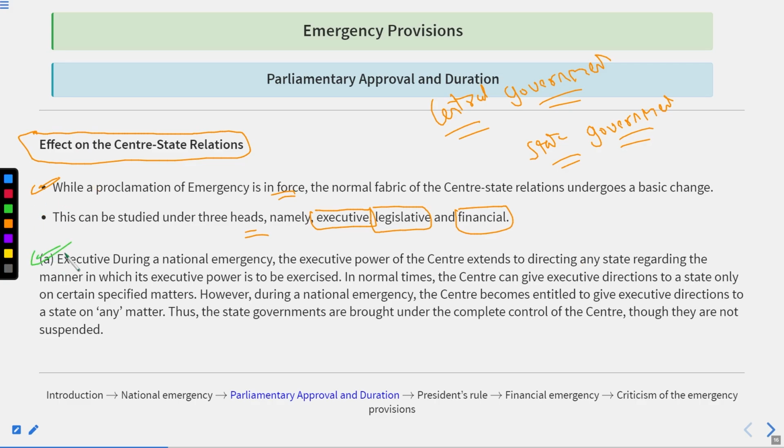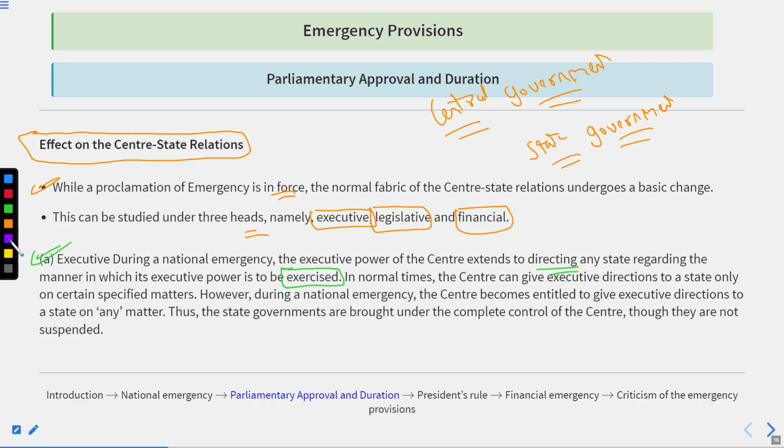During the national emergency, the executive power of the center extends to directing any state regarding the manner in which its executive power is to be exercised. It means the central government has the power to direct the executive branch of the state government on how they should work, how they should function, and what actions they are required to take.